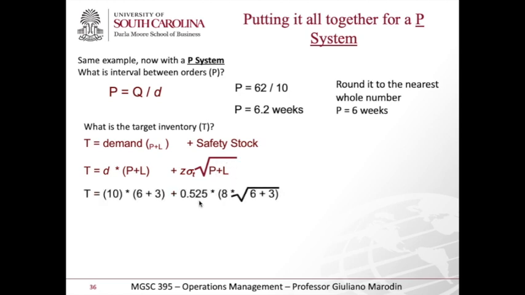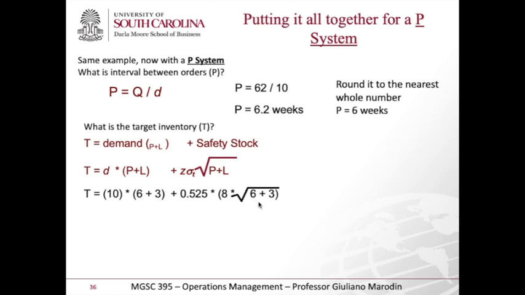Okay. The target will be: the average weekly demand 10 times P, which is 6, we just calculated, plus 3, which is the lead time, plus, remember it was 70%, if I'm not mistaken, the service level. So Z score is 0.525 times 8 times the square root of 6 plus 3.